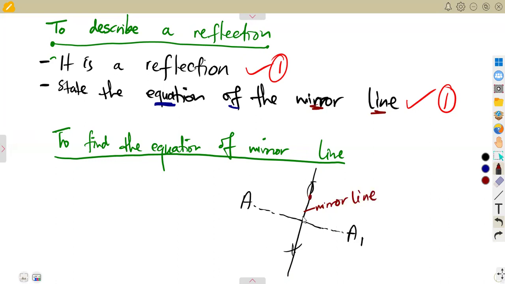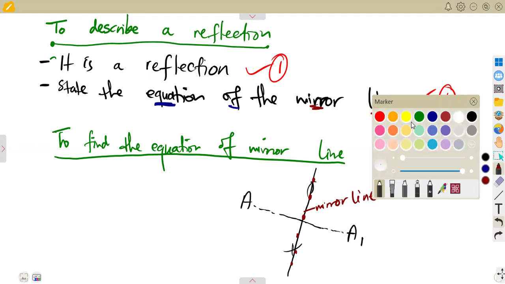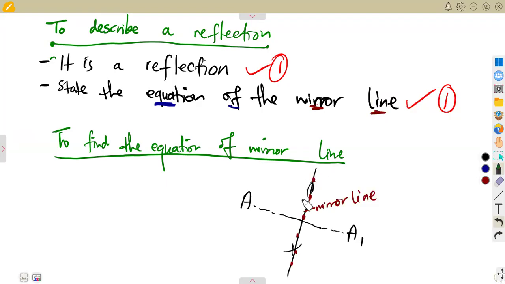Remember, to determine the equation of a line, you just need 2 points which lie on the line. As long as you've got 2 points, you are done. So to find the equation now, you need 2 points.